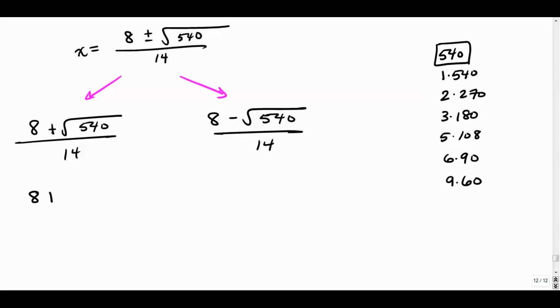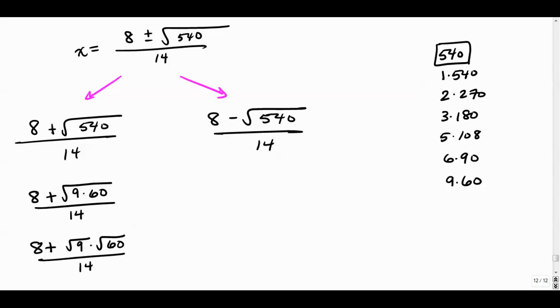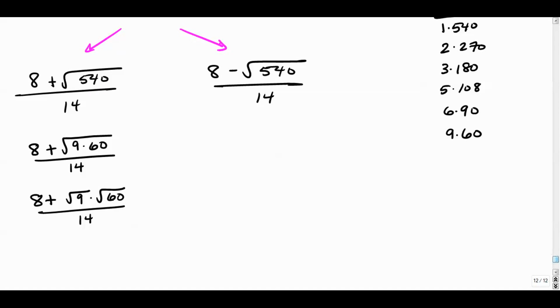So let's do this. 8 plus radical 9 times 60 over 14. 8 plus radical 9 times radical 60, split them up. And keep going. Radical 9 we know is 3, so it's 8 plus 3 radical 60 over 14. But I also know that I can probably take this one step further.